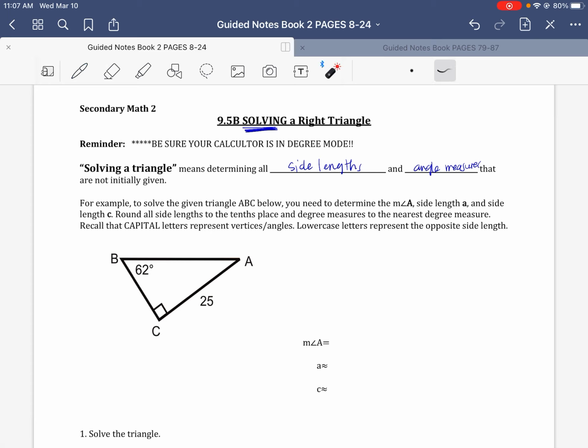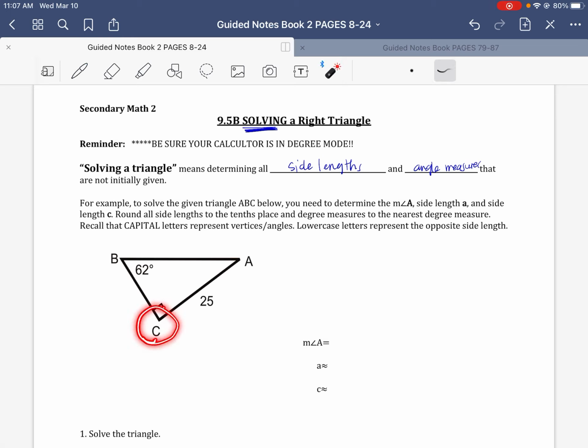So for example, looking at this first one, if we're trying to solve triangle ABC, it would look like we don't know what angle A is. That wasn't given to us. So in the end, we want to make sure we find angle A. We don't know what little c is, and remember that we label side lengths based off of the angles.